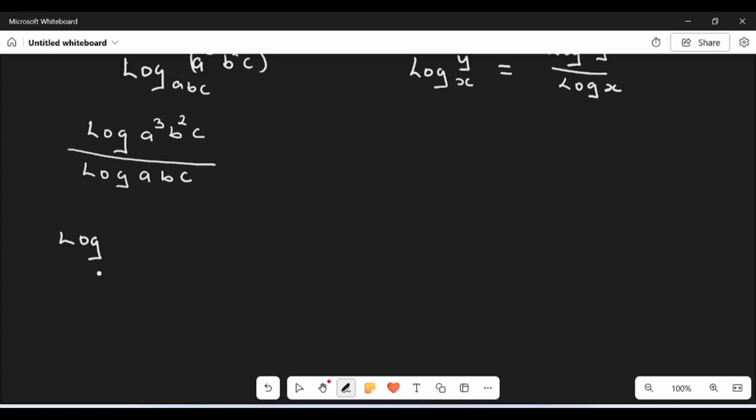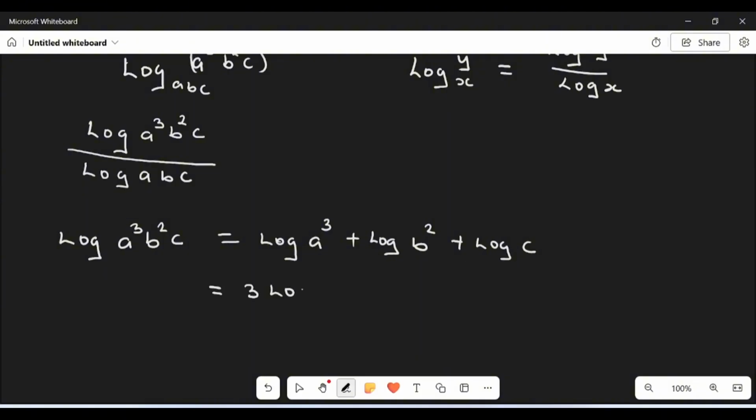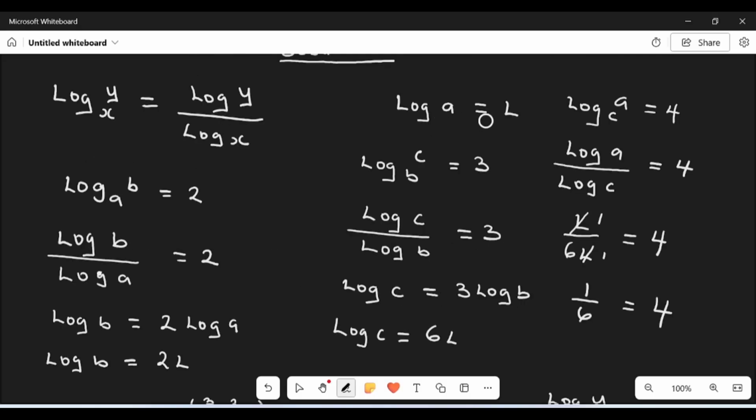Log of A raised to power 3, B raised to power 2, C, using logarithm property, equals log A raised to power 3 plus log B raised to power 2 plus log C. And that can be written as 3 log A plus 2 log B plus log C. Our log A equals L, our log B equals 2L, and our log C equals 6L.